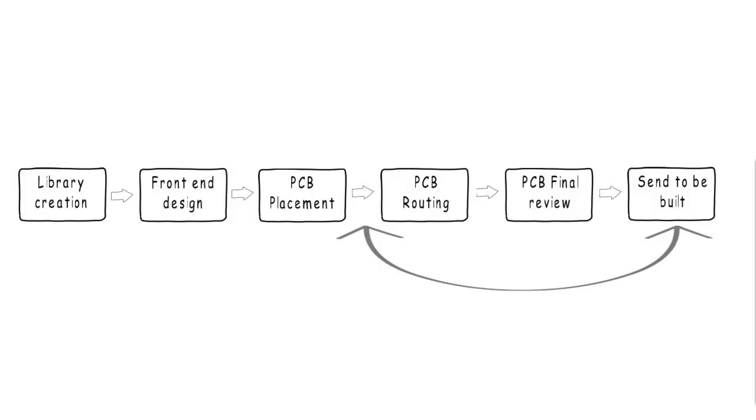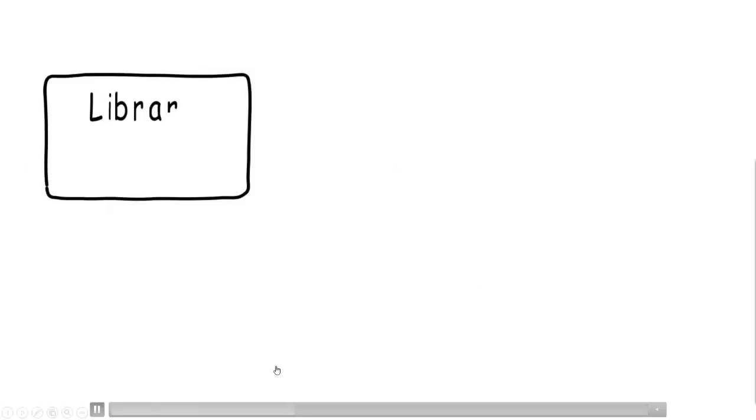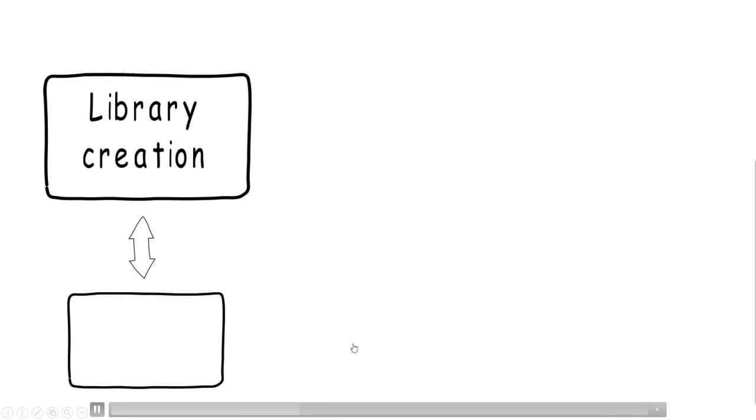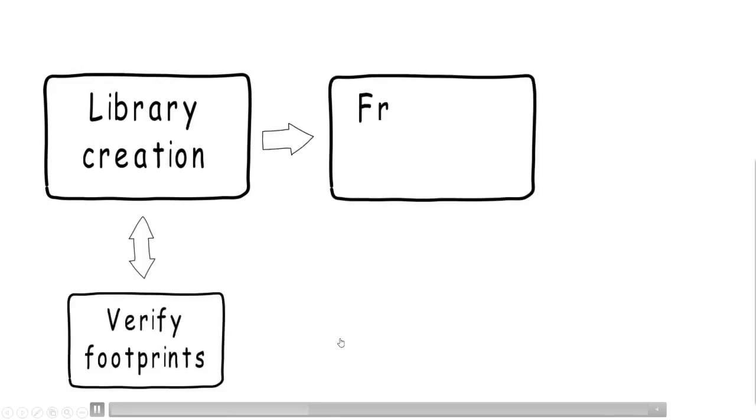So what should this process be? Well, let's take a look at what the process should be in a very fluid and dynamic DFA analysis. Even at library creation, we can use DFM and DFA tools to validate our footprint.